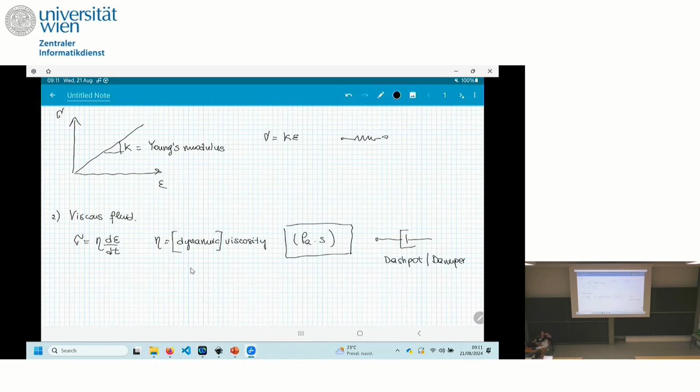So we've seen we have these two behaviors. However, most real materials show both of these behaviors simultaneously. So such materials are known as viscoelastic.